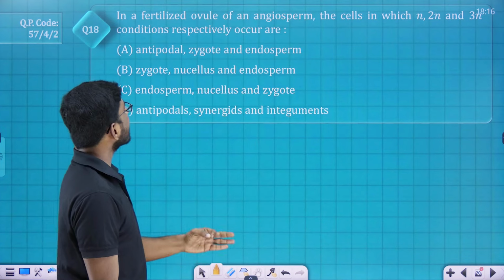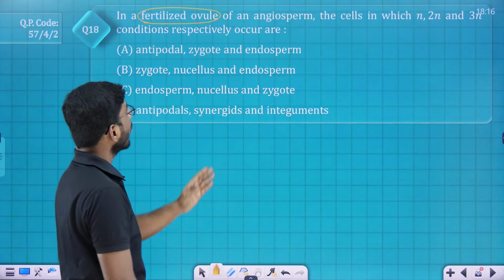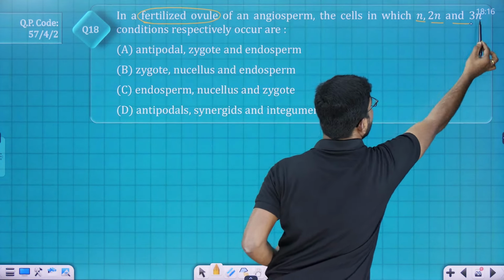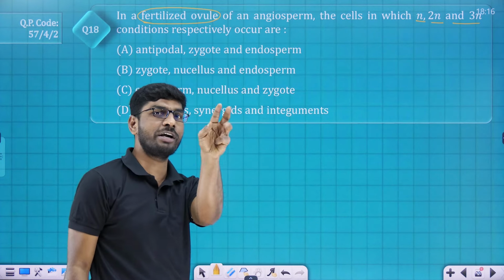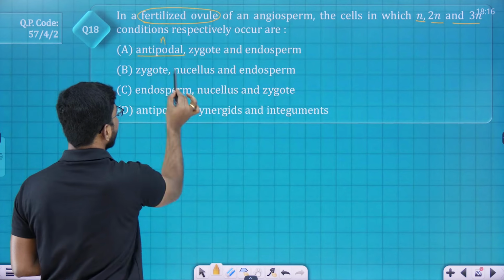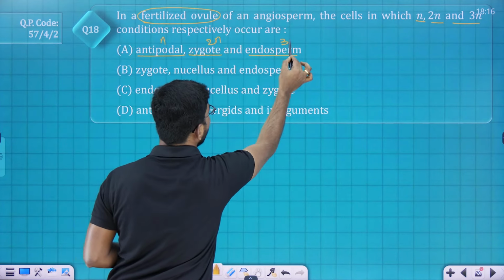Now, in a fertilized ovule of an angiosperm, they are asking about the cells which are N, 2N and 3N: haploid, diploid, triploid stages. Antipodals, haploid. Zygote, diploid. Endosperm, triploid.